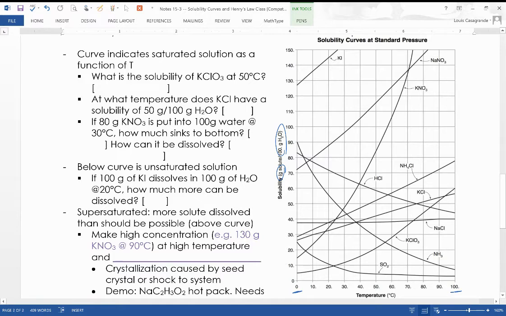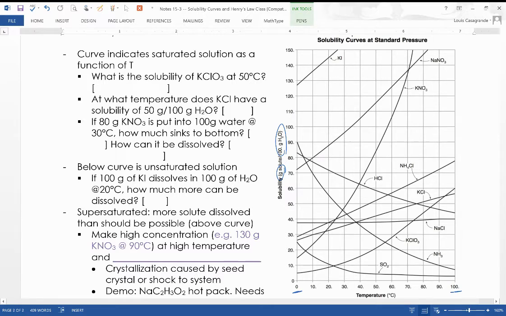And the way you're going to read this is by finding the particular solute you're interested in and following its curve and finding where that curve intersects a particular temperature, or finding where the curve intersects a particular grams if you want to know what temperature to get to. And so you have to focus only on one particular curve.